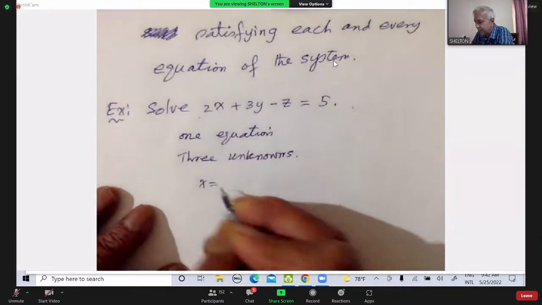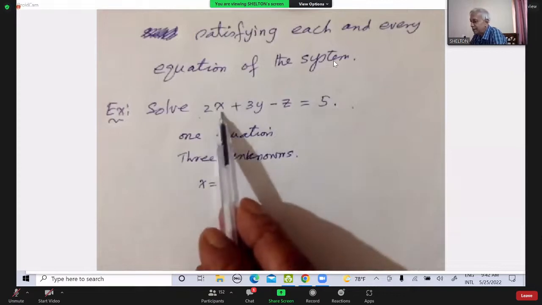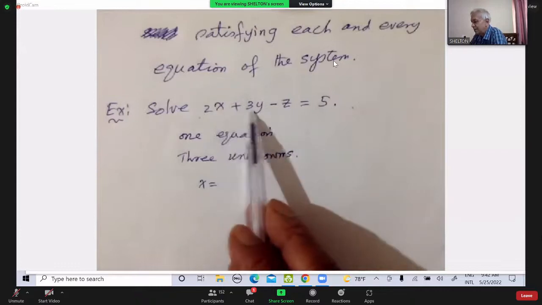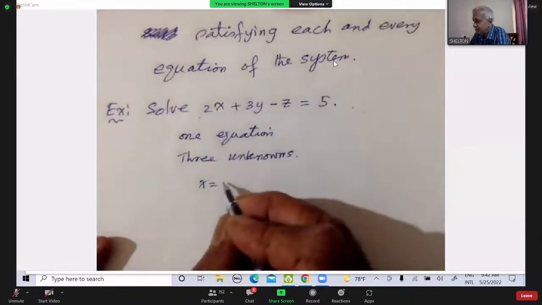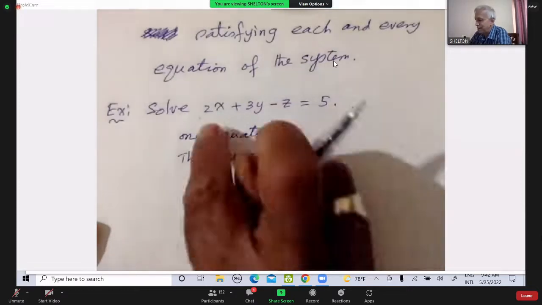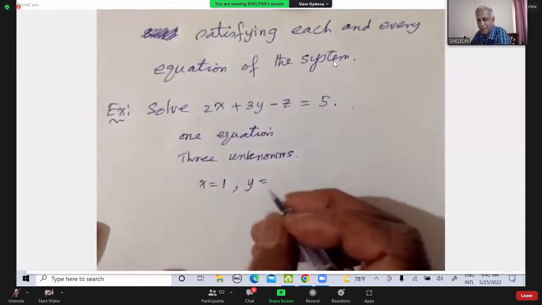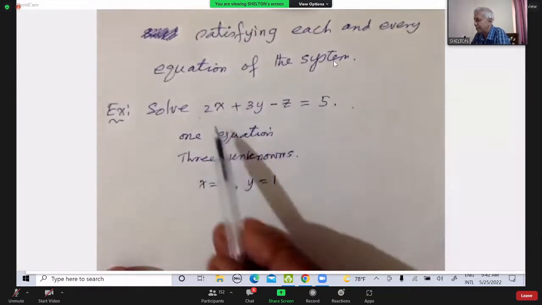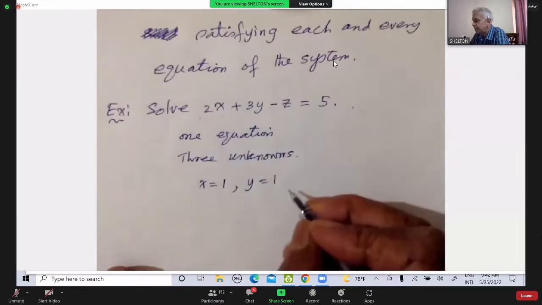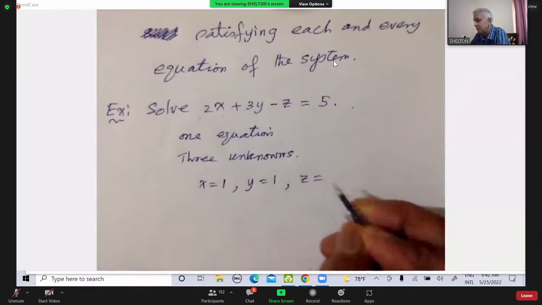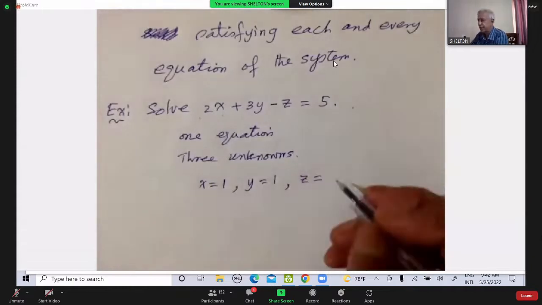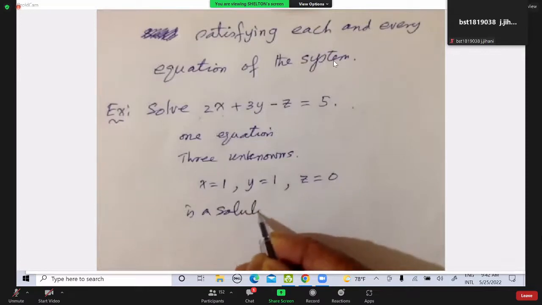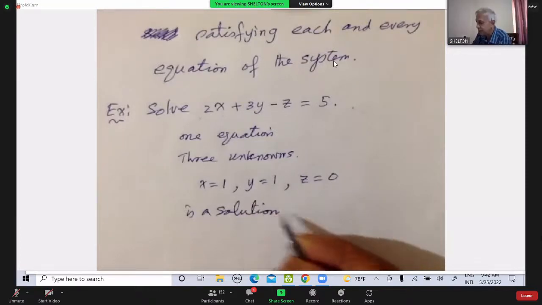If I put x equals 1, y equals 1, z equals what? To satisfy the equation, 0. So 1, 1, 0 is a solution. I just made the coefficients such that it is easy; don't worry, we'll tell you how to solve it. There are infinitely many solutions.